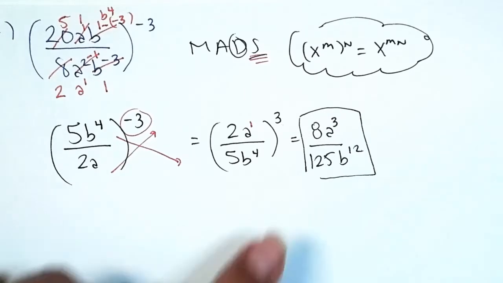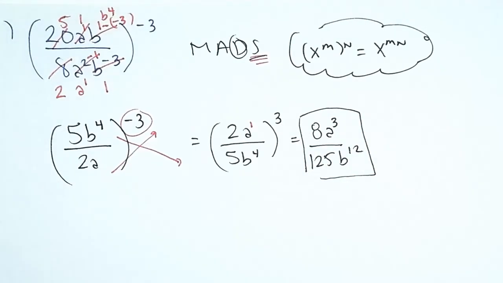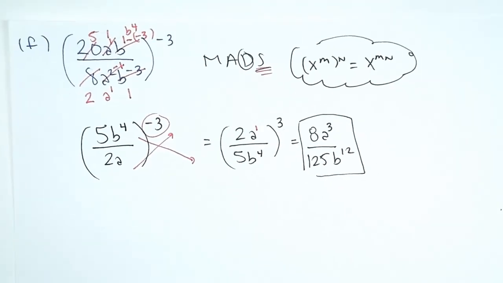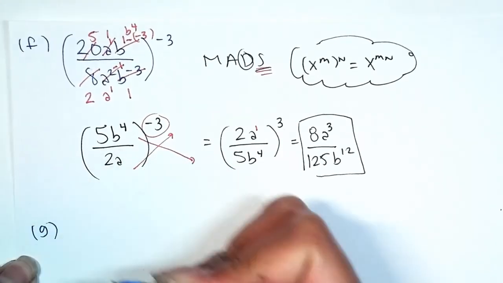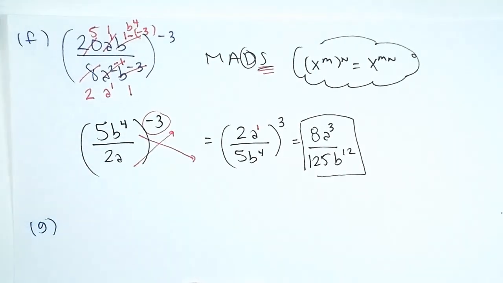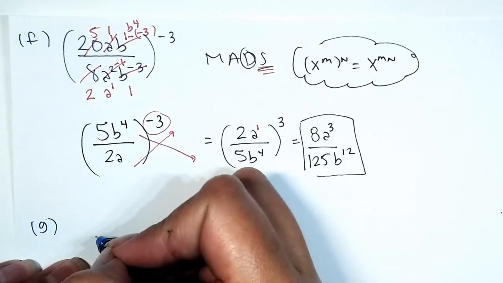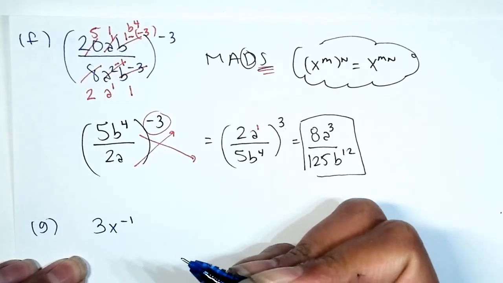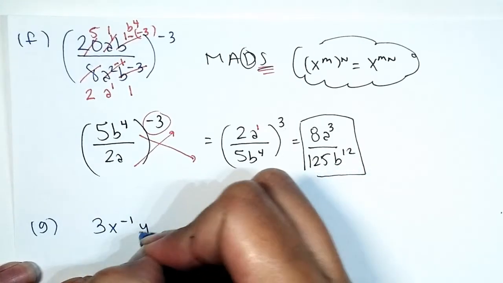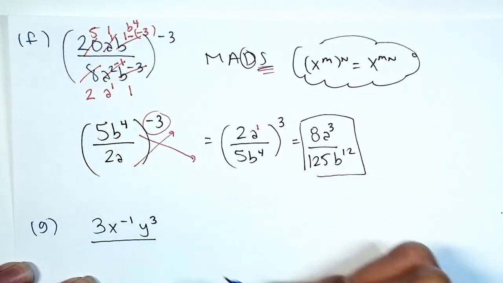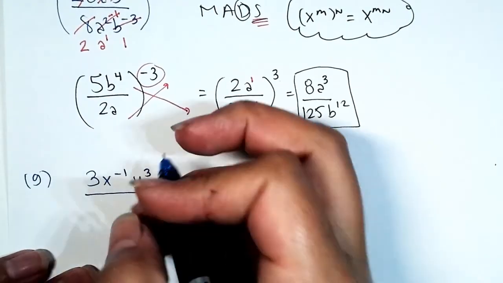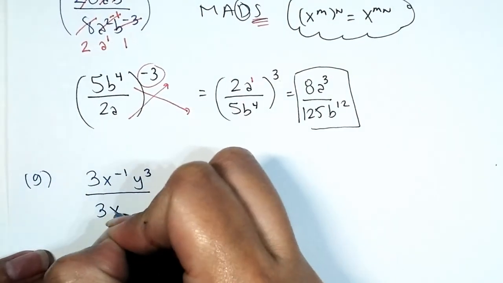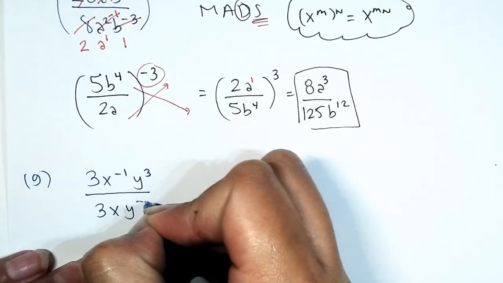Okay, for the final and 7th problem. Okay, cool. I already showed you my list of problems, so I can't add any more problems. So we have, where am I? 3 times x to the -1st power times y to the 3rd power, all over 3 times x times y to the -1st.